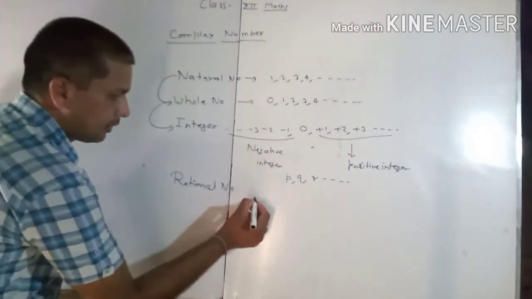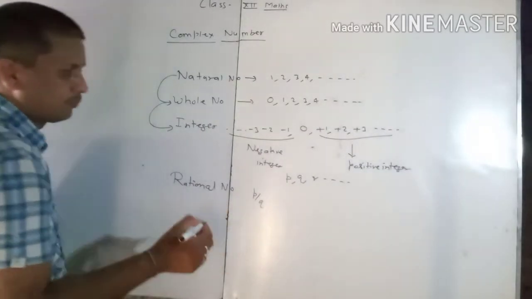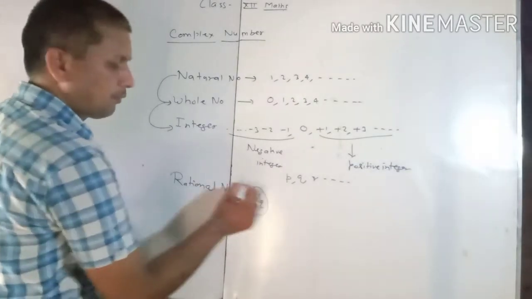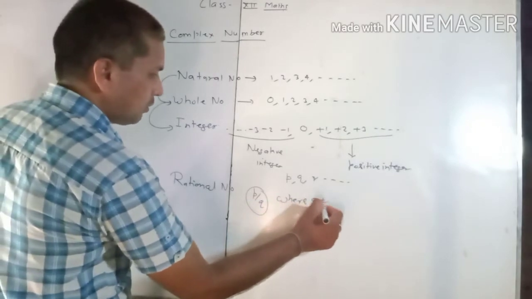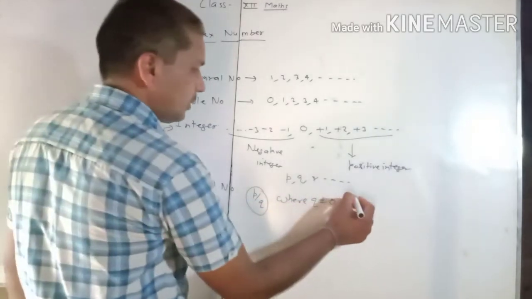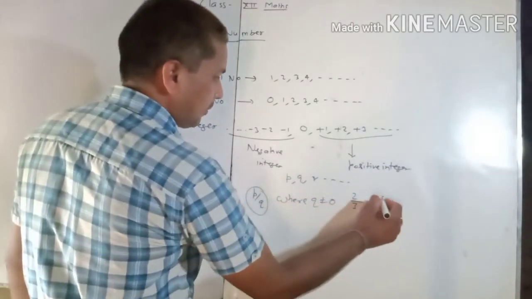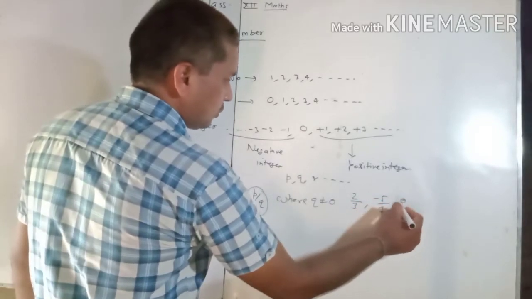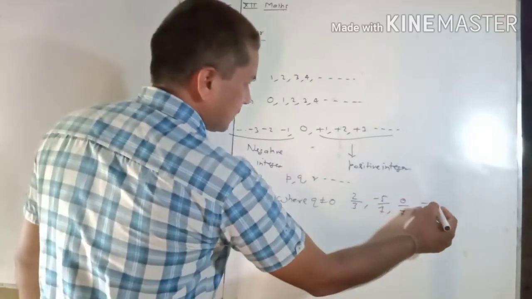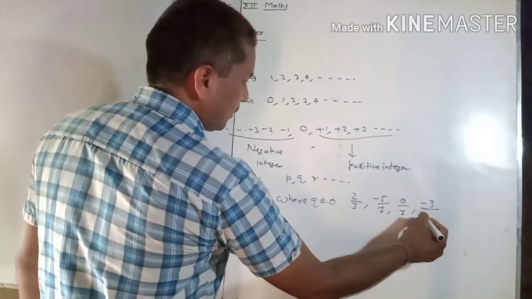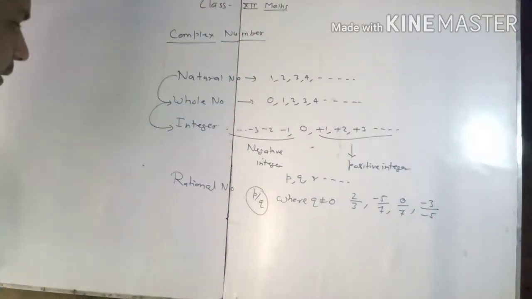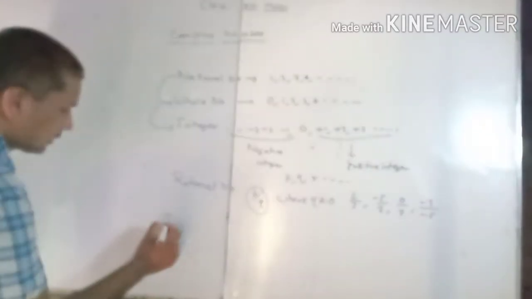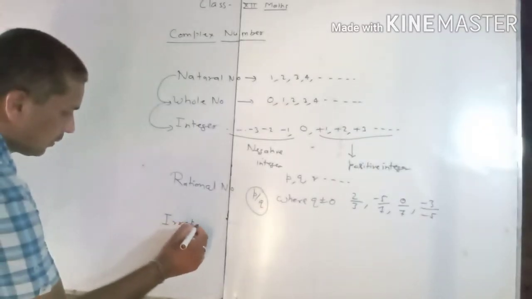A rational number is any number in the form of P by Q, where Q is not equal to 0. For example, 2 by 3, minus 5 by 7, 0 by 7, minus 3 by minus 5, all are rational numbers.